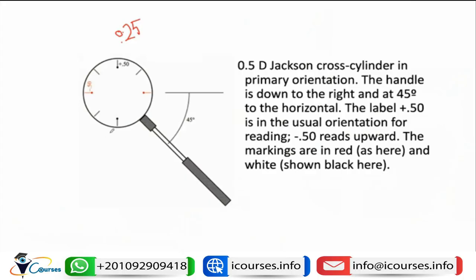So let me ask you a question to see if you understand or not. If you have a minus half of a cylinder and the plus half cylinder, can you tell me in the toric form what will be the spherocylindrical form of this lens?